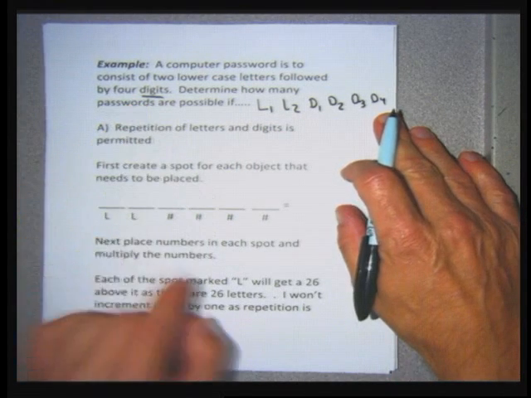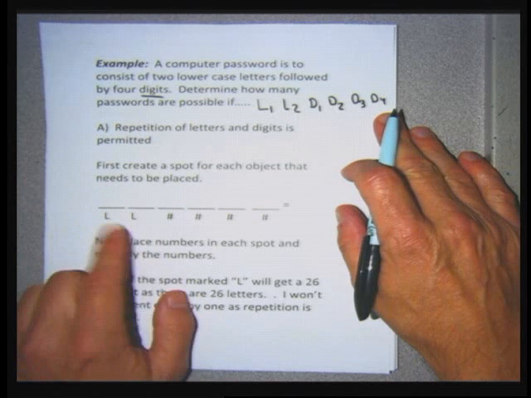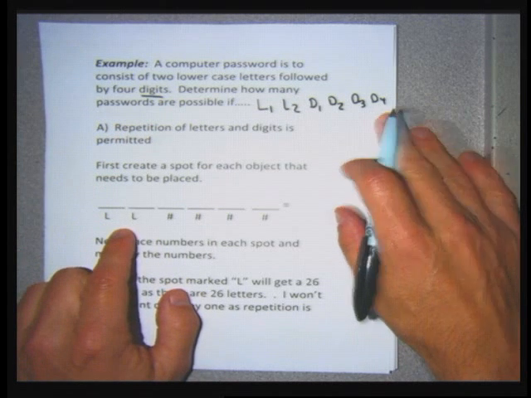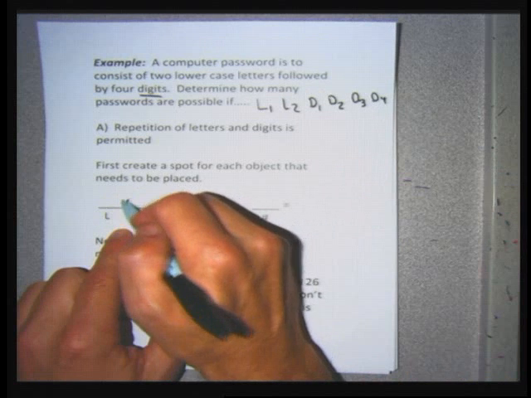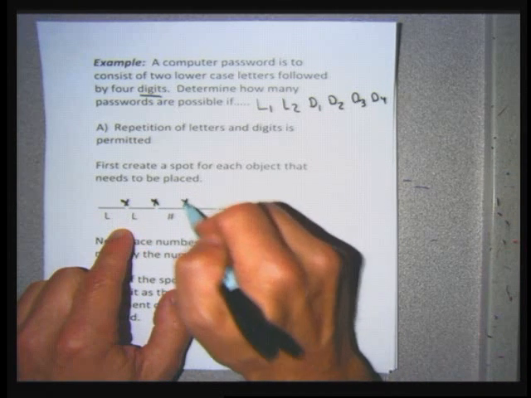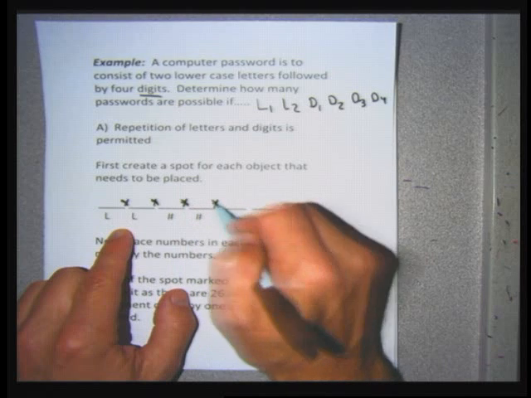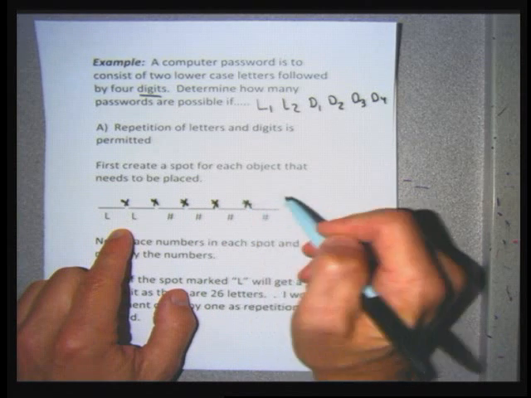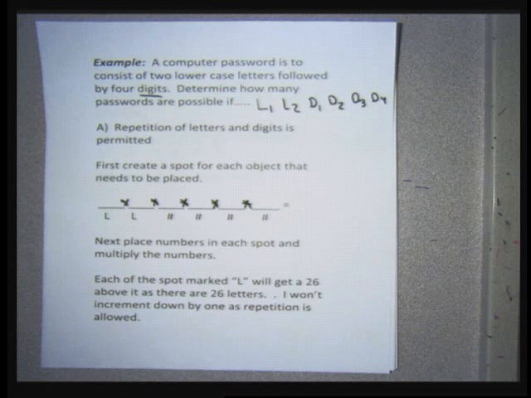So what I'm going to do is set up for my multiplication, for my counting principle. I'm going to make 6 slots, 2 for the letters and 4 for the digits, and I'm going to put times signs between those slots, and above the slots, or the little dashes or lines, I'm going to put the number of choices that I have.